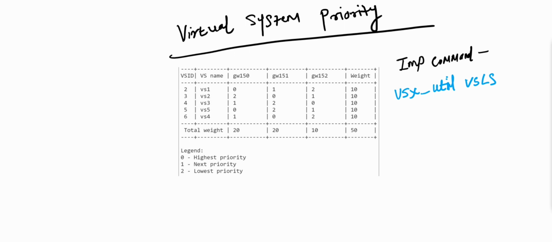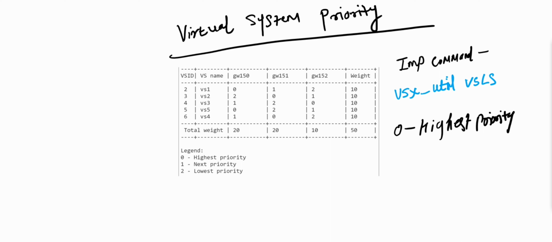So 0 priority is nothing but the highest priority. I can write here that 0 is the highest priority, which indicates the cluster member designated to host the virtual system is in the active state.